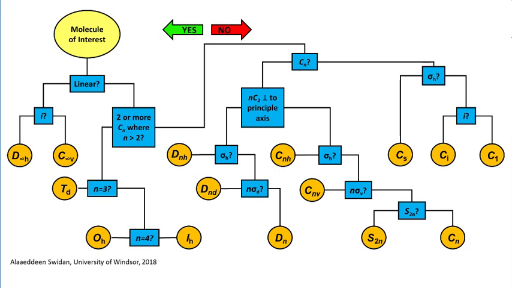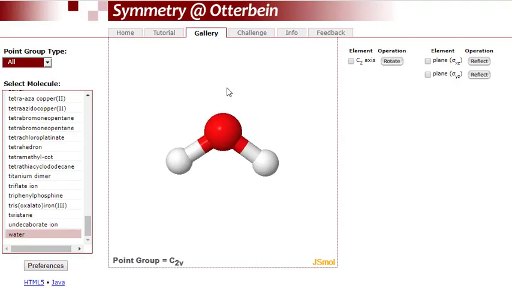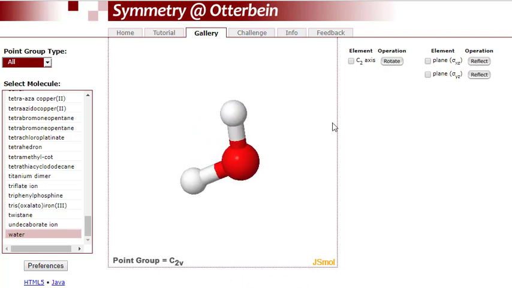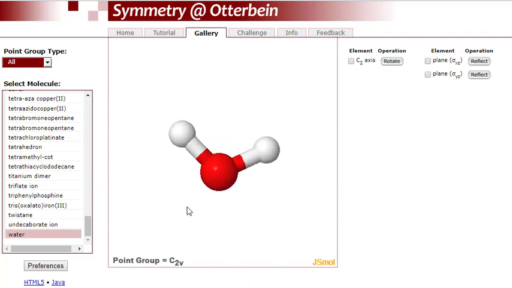Now, in terms of perpendicular C2s, do we have two C2s that are perpendicular? So let's take a look here at the compound. If we look perpendicular and do a rotation by a C2, so 180 degrees, we would end up with the hydrogens pointing up.